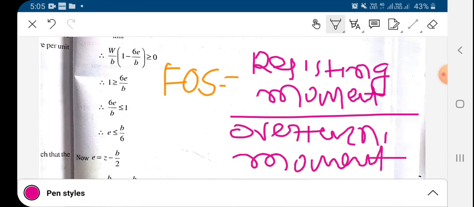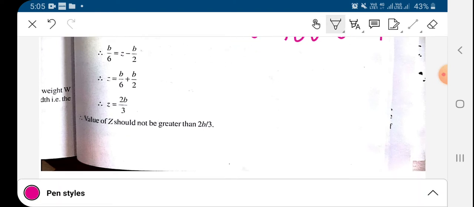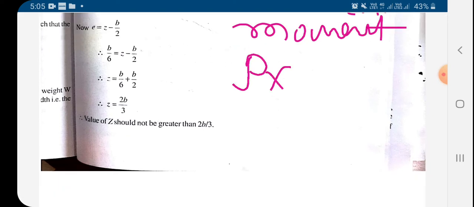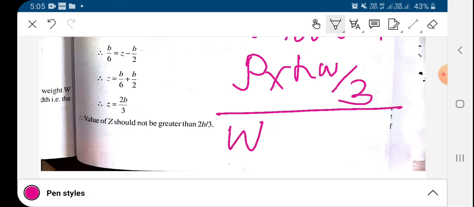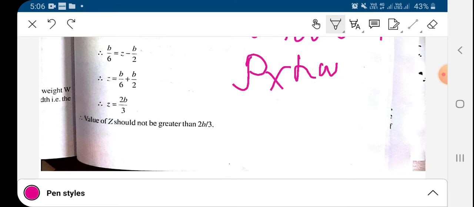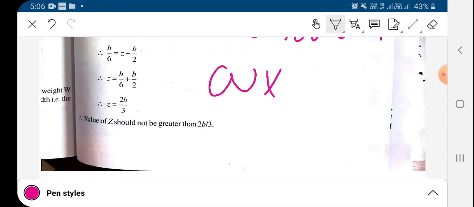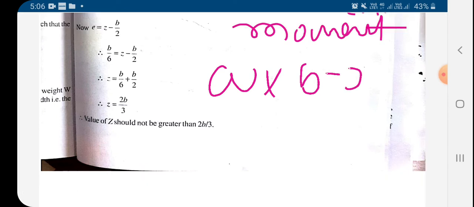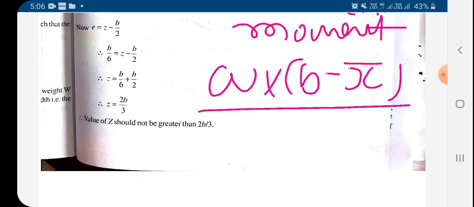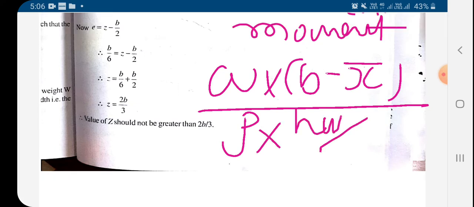So we get the factor of safety as the resisting moment, W into b minus x bar, divided by force P into HW divided by 3.